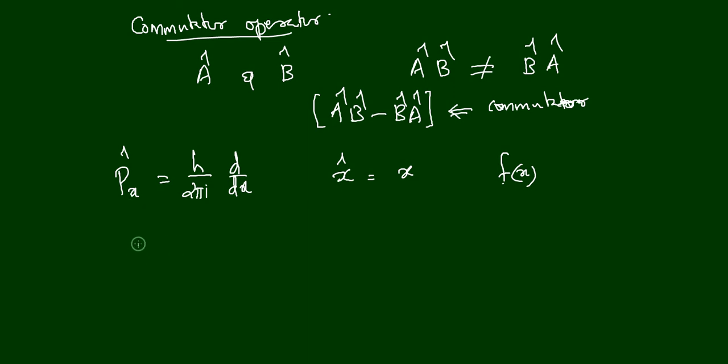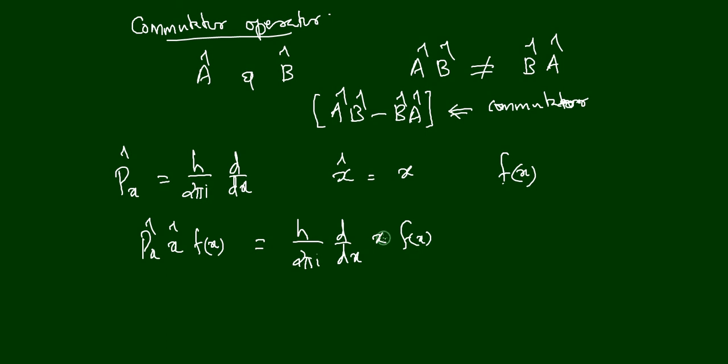First, let me operate in the order px cap x cap on f of x. Then I get h divided by 2 pi i d by dx, and then x cap, which is nothing but x, acting on f of x.